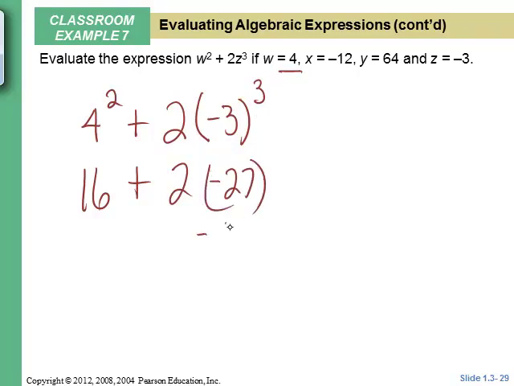That's negative 54. 16 minus 54 is negative 38. Let's put it on our calculator. 4 squared plus 2 times parentheses negative 3 close parentheses to the third equals, and we get negative 38.